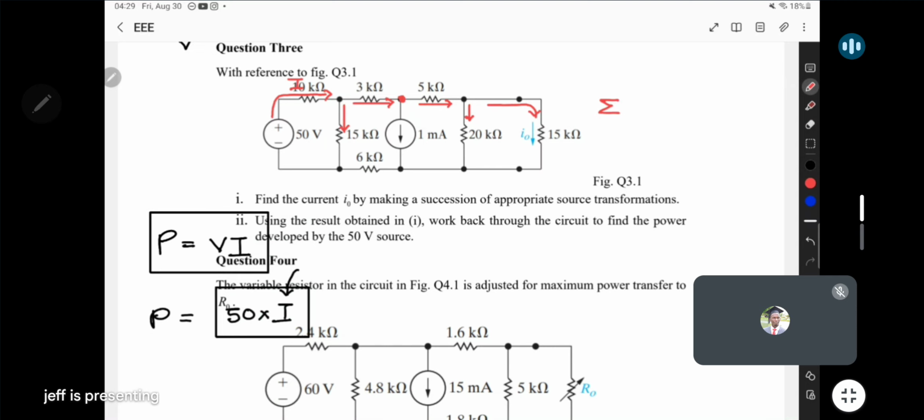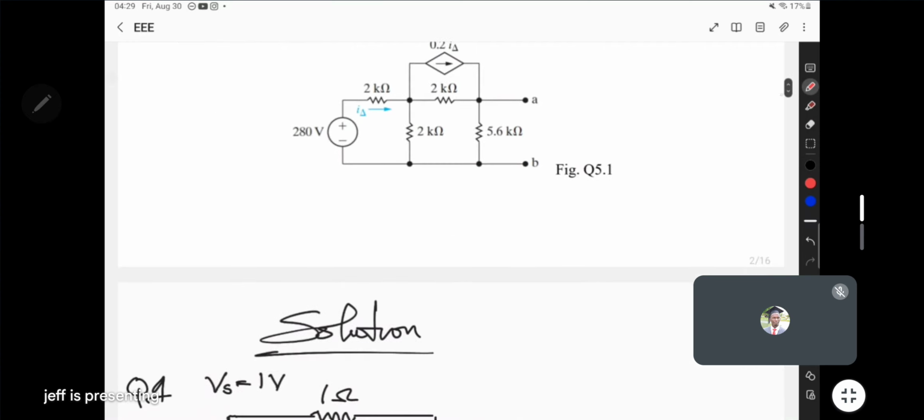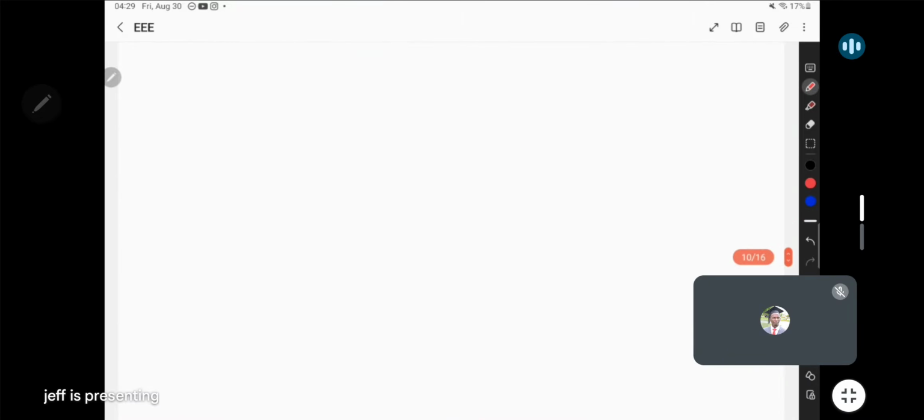Kirchhoff's current law says that the sum of all currents entering a junction must be equal to 0. So this is what we'll be using throughout until you're done with the problem. So I hope you have a rough idea of what we're going to do and how we're going to do it. So let's go to the problem.